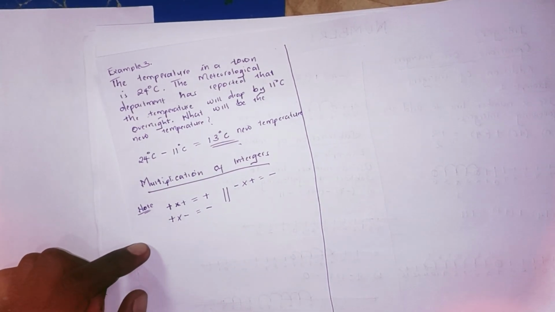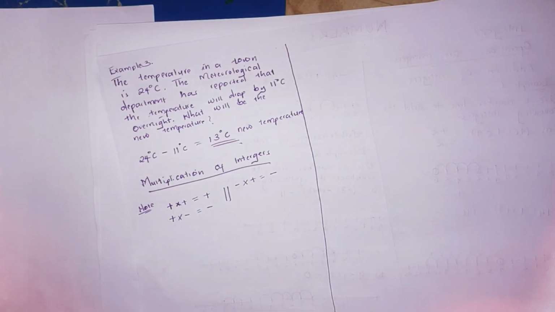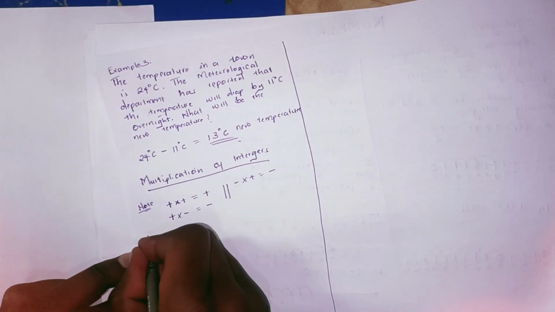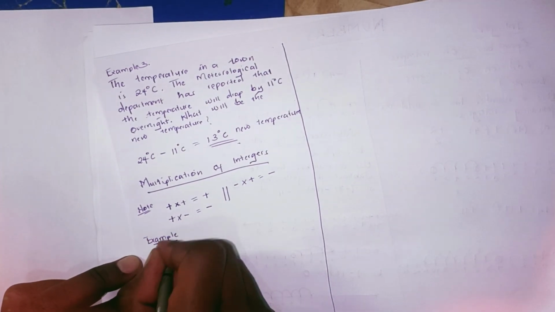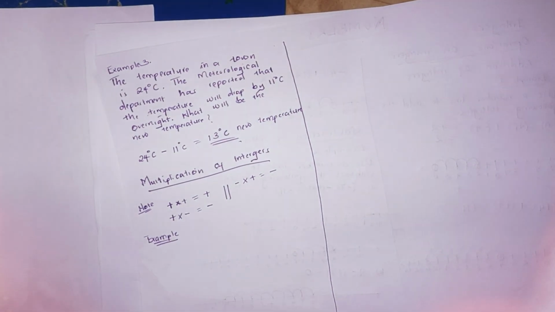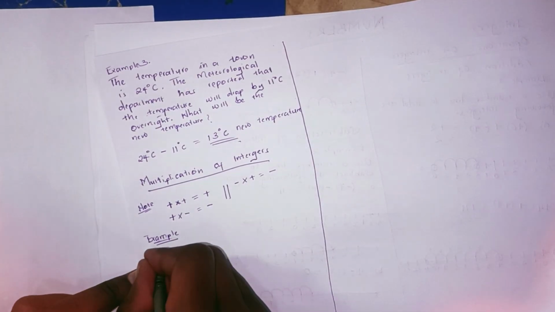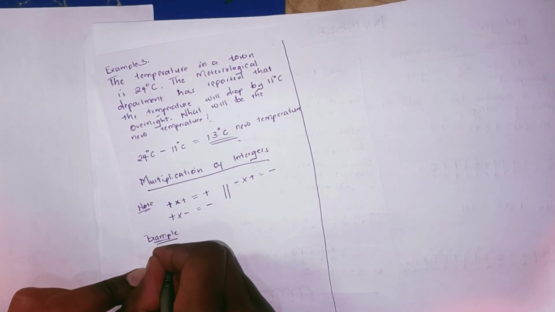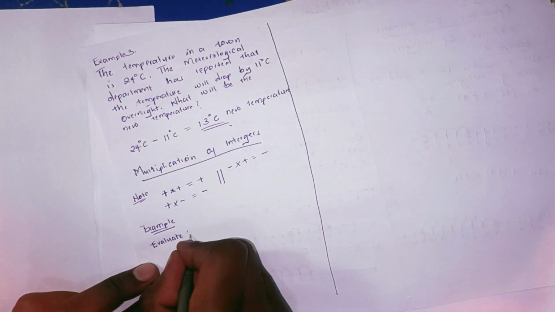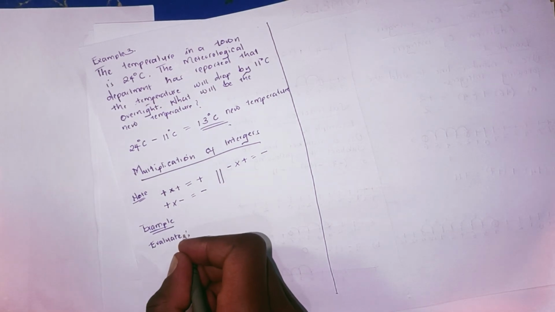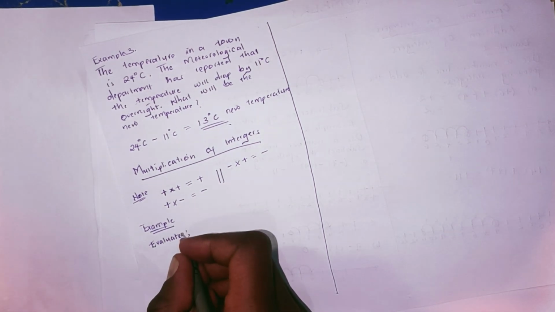Let us now proceed to the examples. Example 1. You are told to evaluate 2 times -3.